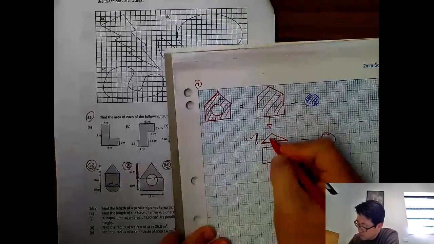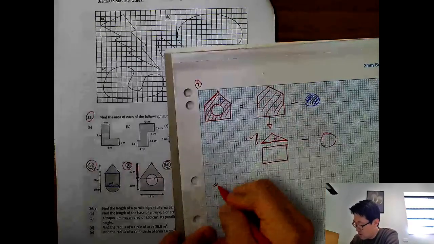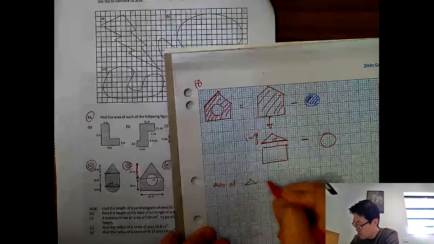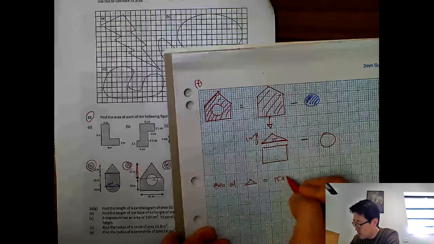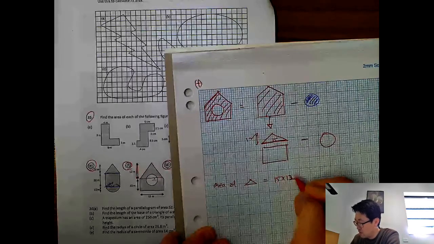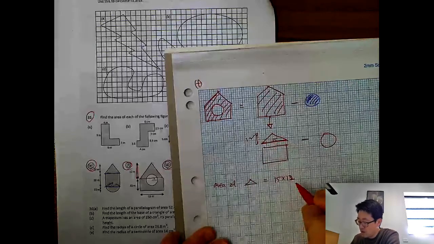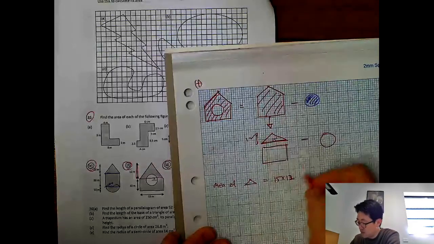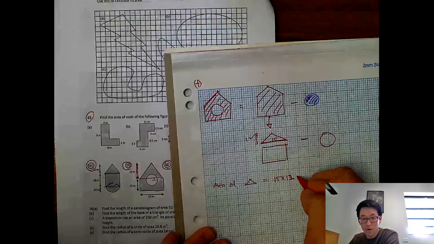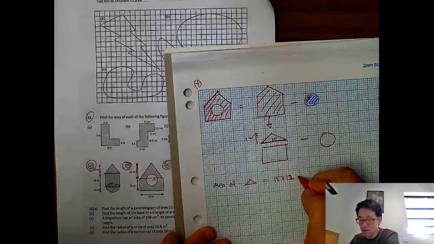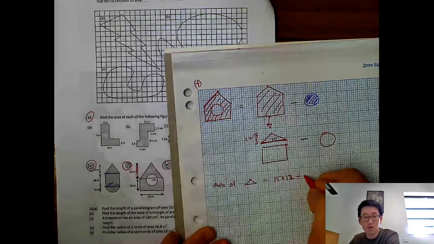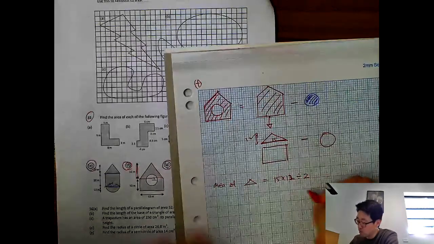Okay? So I'll get the area of the triangle first. 15 times 12. Height times base, same thing. And when you deal with the area of a triangle, you always need to divide by what? 2. Divide by 2. Don't forget that.